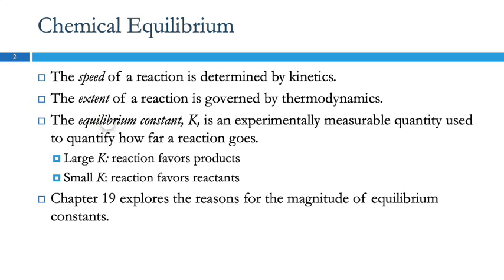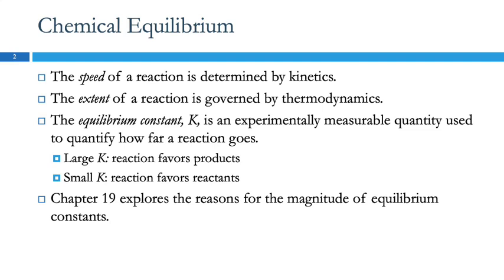The equilibrium constant, K, is something that's quantitative and measurable that helps us to quantify how far the reaction goes. If we have a large equilibrium constant, that means that the reaction will favor the products. We'll end up with more products than reactants. A small equilibrium constant means the reaction favors the reactants.